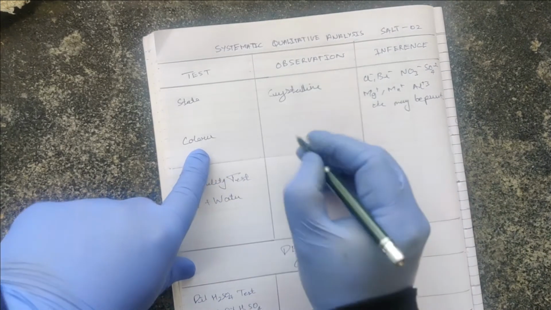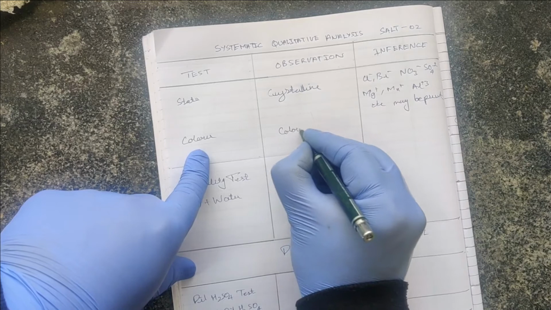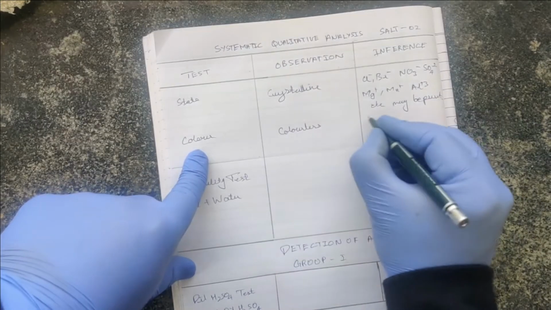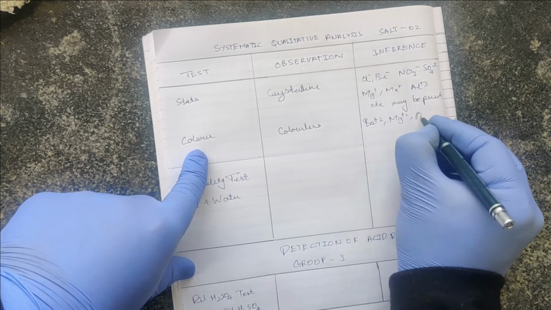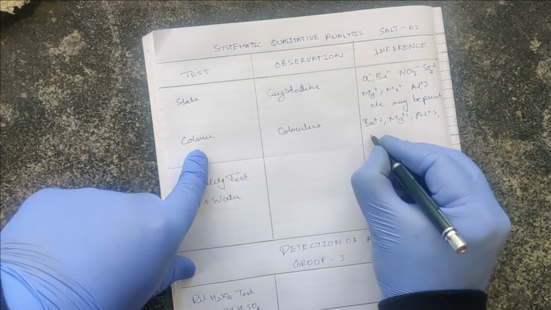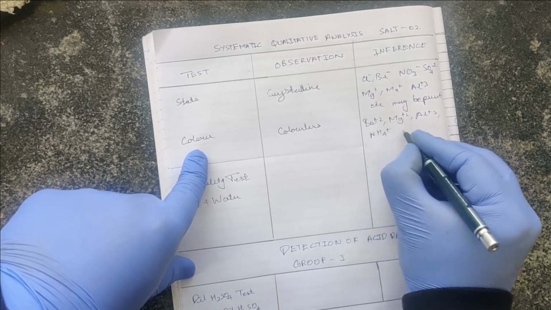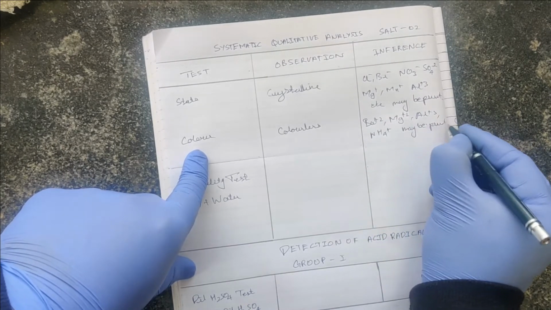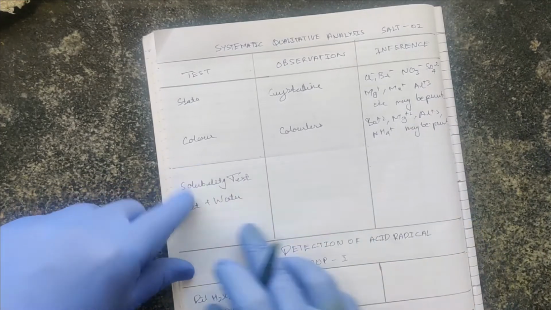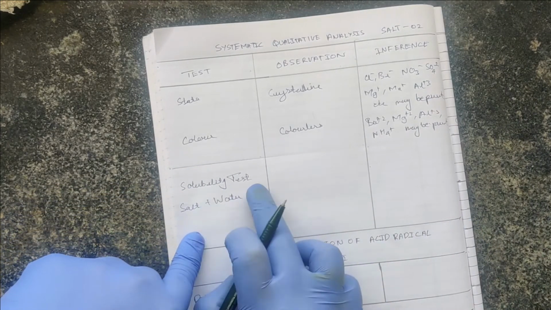Similarly, color, it was colorless. So Ba2+, Mg2+, Al3+, NH4+ may be present. Right? Okay. Now the next thing is the solubility test.